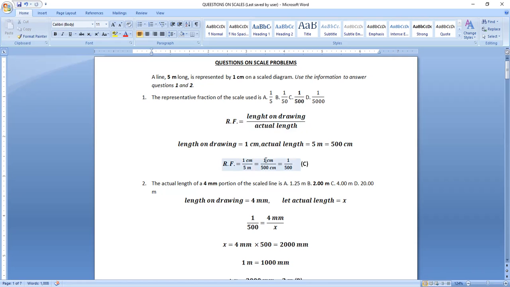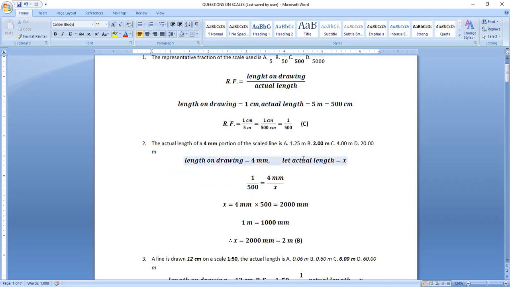You must convert the unit. You must make sure the unit of the numerator and denominator are the same, or the unit of the length on drawing is the same as that of the actual length, or vice versa. Okay, so the answer here is 1 over 500, which makes option C the right answer to the question.